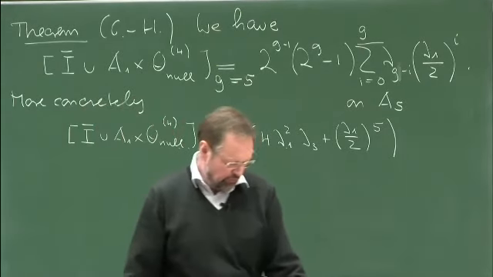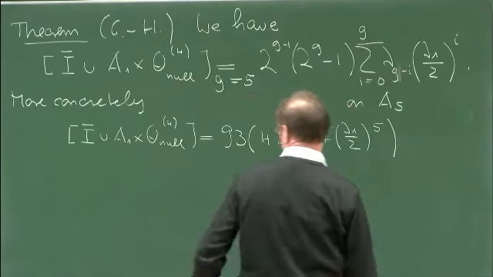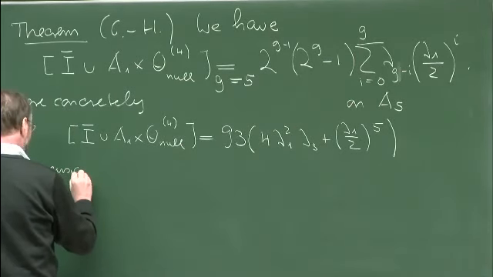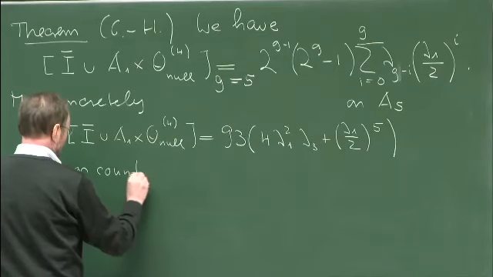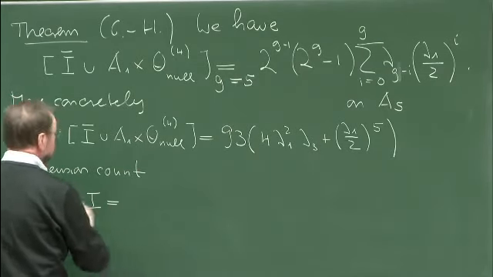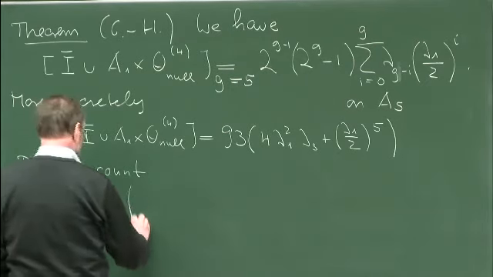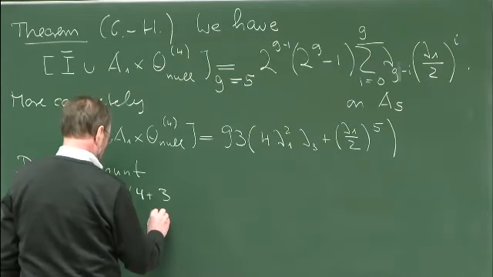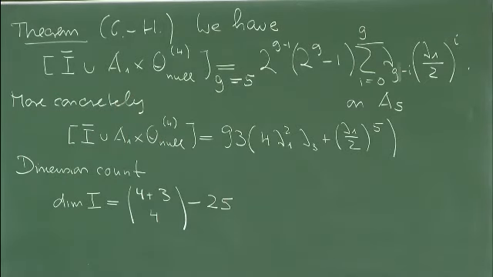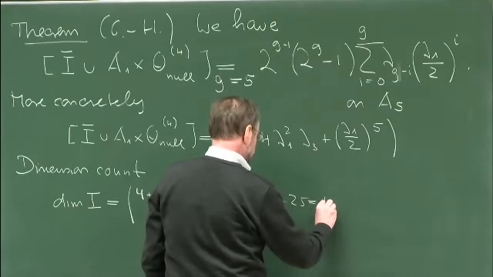That's in codimension 5, and I should have done that dimension count first, so let me recall it now. The dimension of I is the number of cubics, (4+3 choose 4) minus 1 minus the dimension of GL5, which is 25: that's 35 minus 25, which is 10.